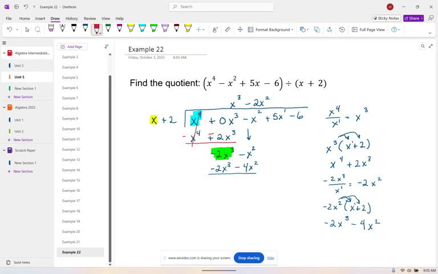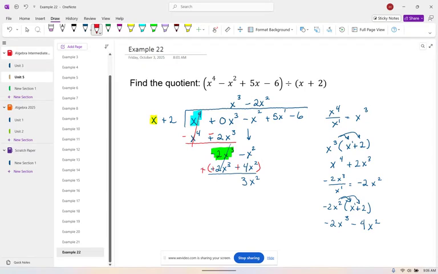Once again, we're going to put our minus sign. That's going to change the signs on the inside. So we'll have minus 2x to the third plus 2x to the third, which cancels out, and that's the idea. And we'll have negative x squared plus 4x squared, which is 3x squared. So don't forget that negative sign changes both signs on the inside.